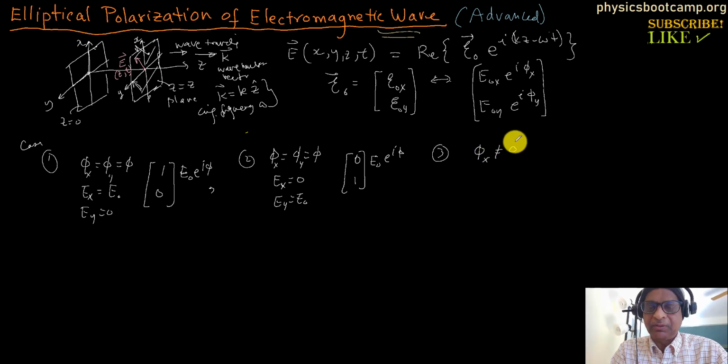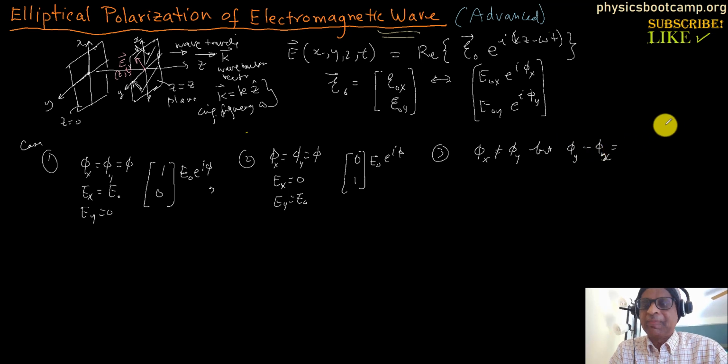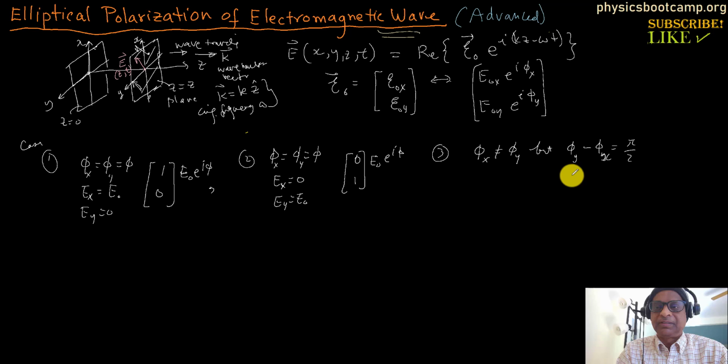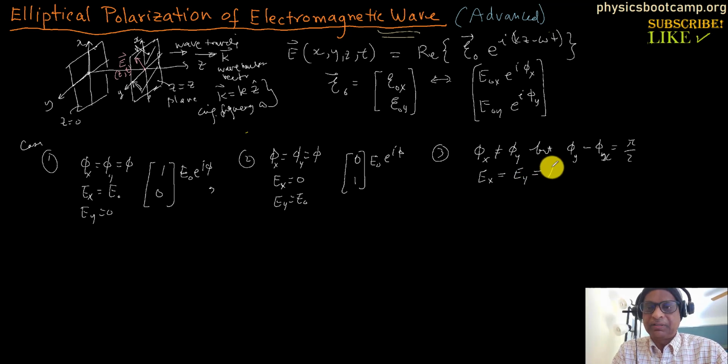So suppose phi x is not equal to phi y, but phi y differs by, say, pi over 2 radian. So they're all real, right? So there's no imaginary here. And Ex is Ey, and let's call it a. Okay, so what will we get?